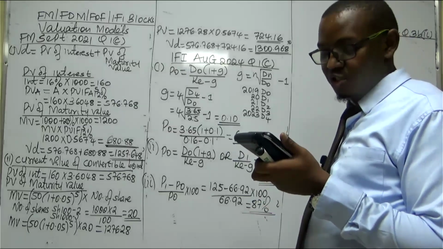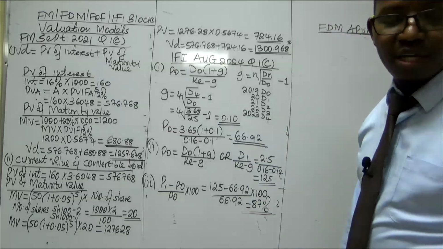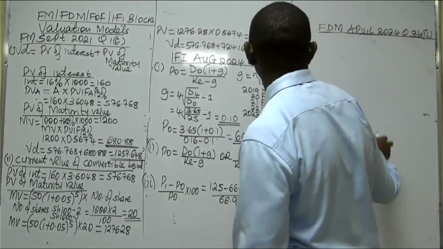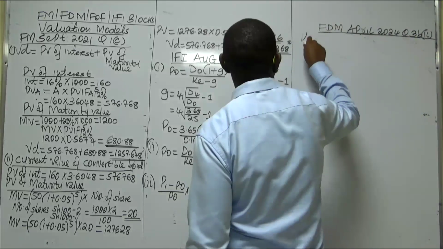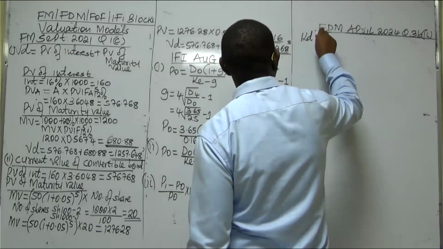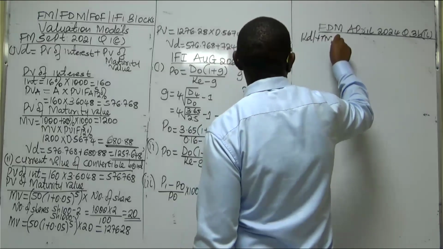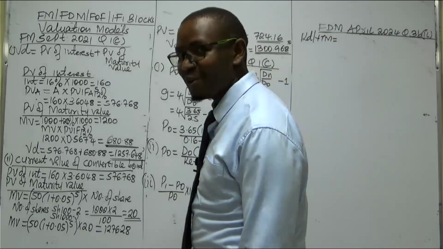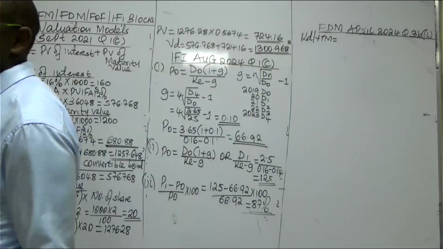It was a question of 4 marks. If I ask you, you can tell me how we get the yield to maturity or the Kd of a redeemable bond.